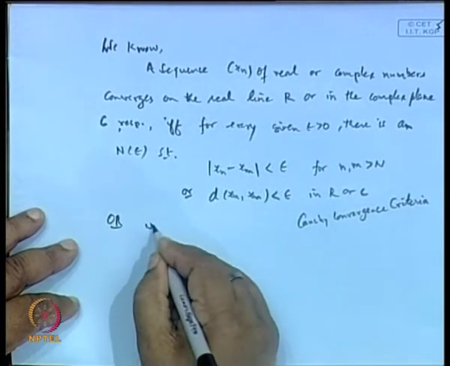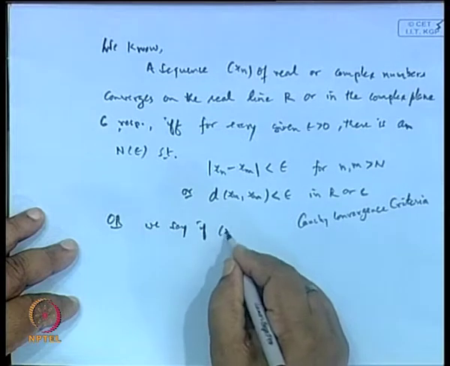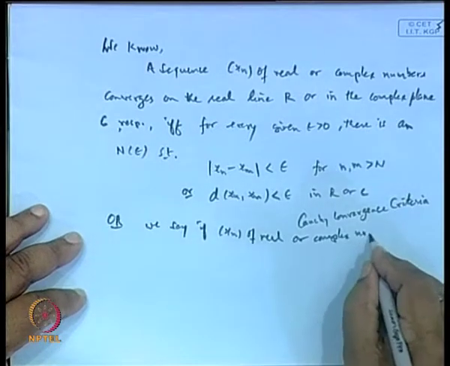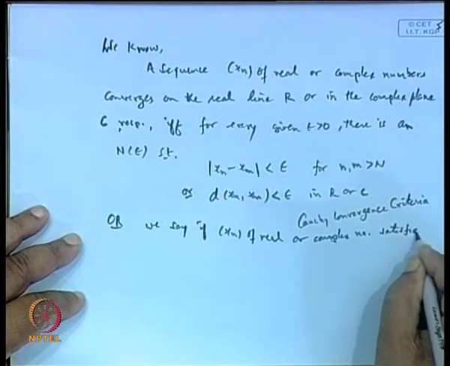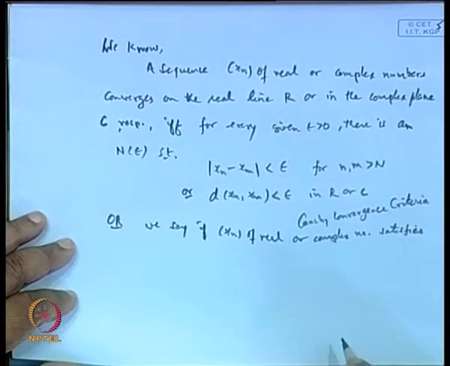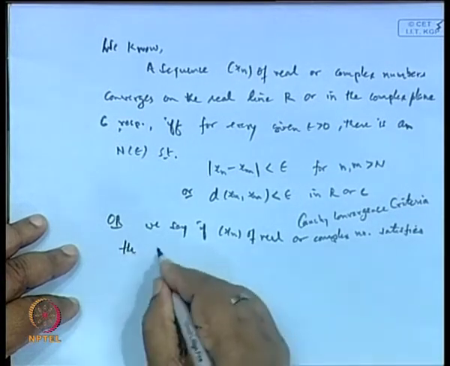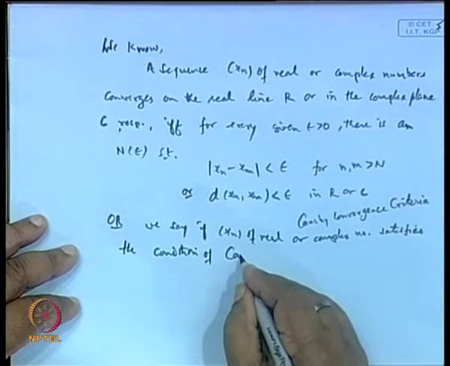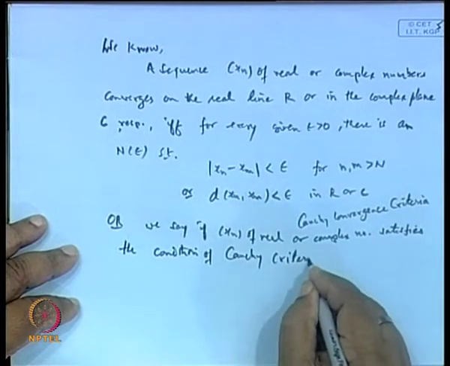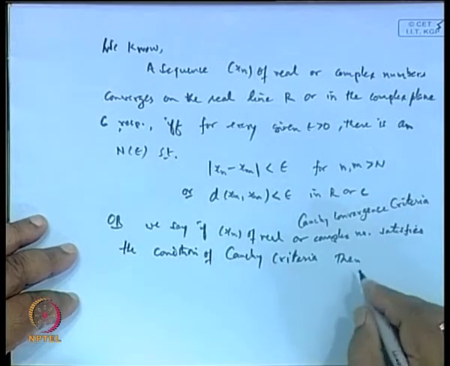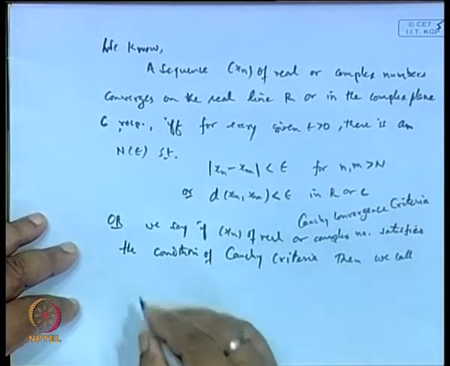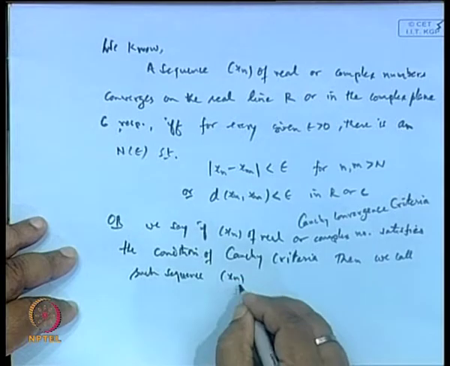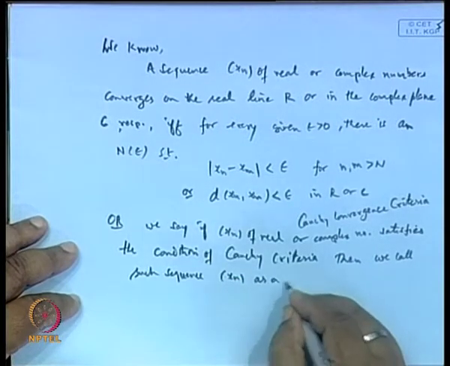Or we say if a sequence x n of real or complex numbers satisfies the Cauchy criterion, then we call such a sequence x n a Cauchy sequence.